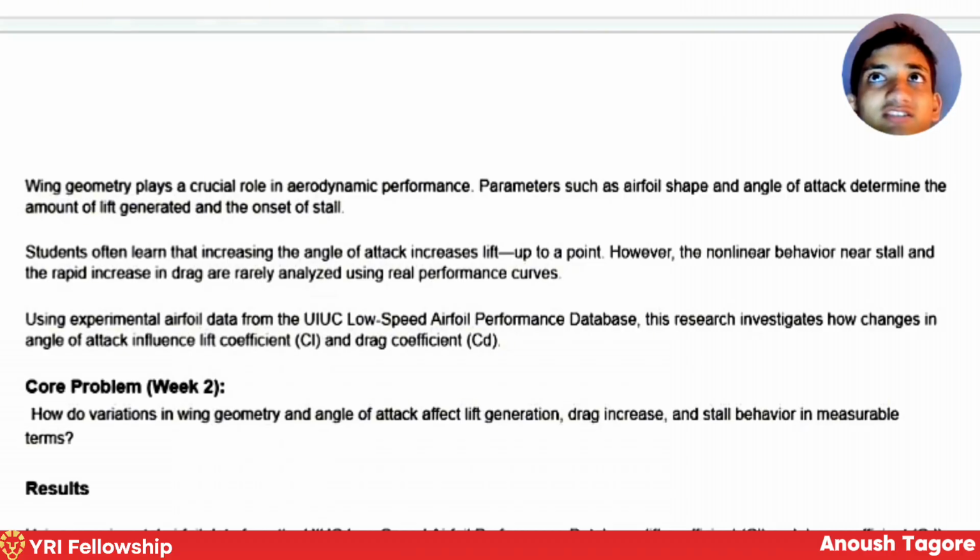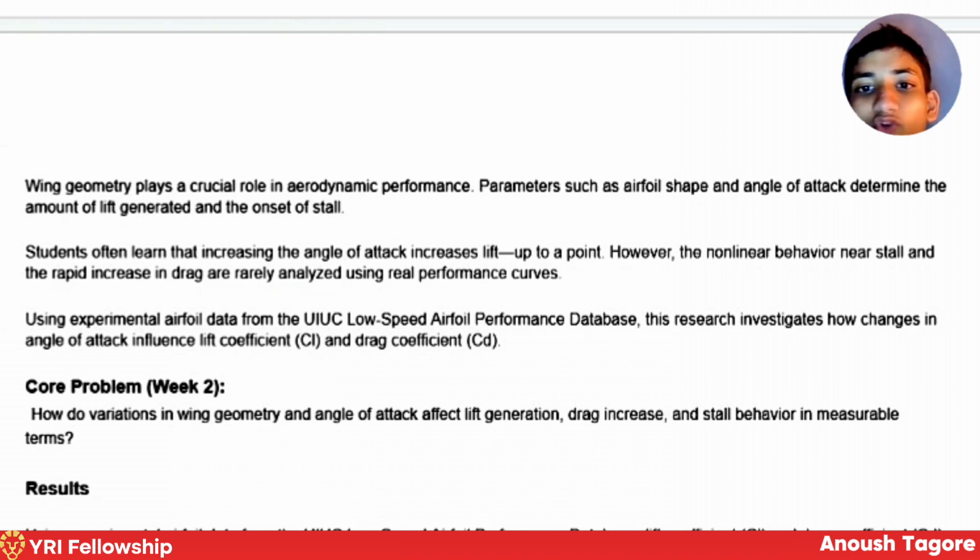Angle of attack is basically how the main airstream hits the airfoil, and each type or shape of airfoil gives a different amount of drag and lift. You can change the airfoil size and the angle of the way it's shaped. You can change its camber, which is basically how bent it is.